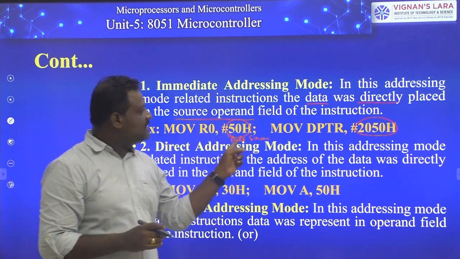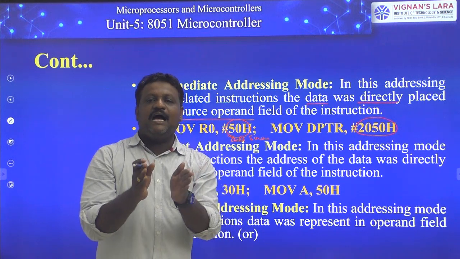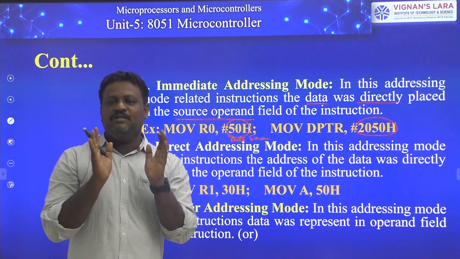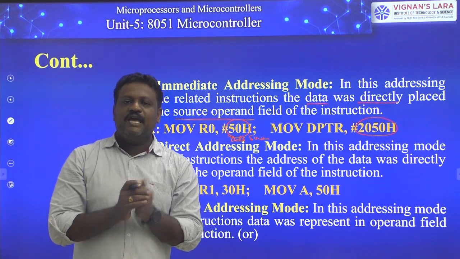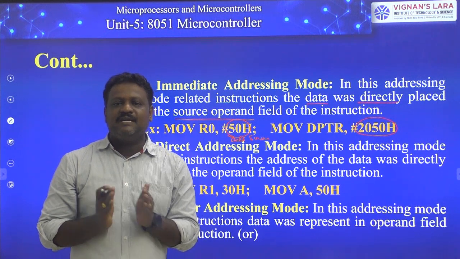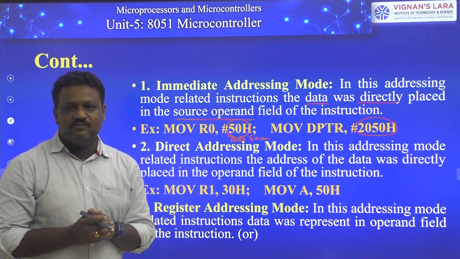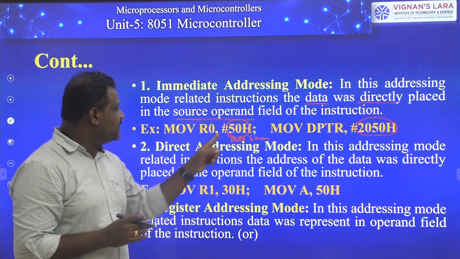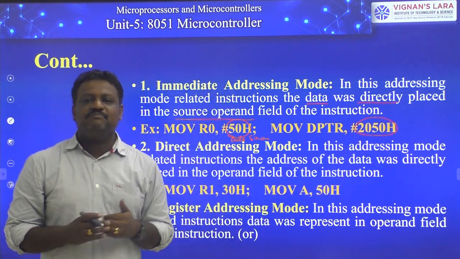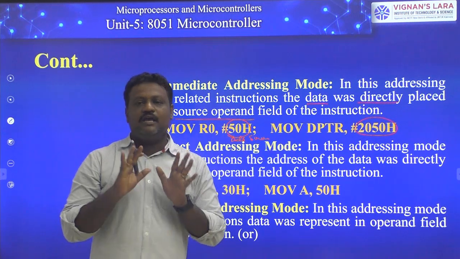If I want a number to be treated as data, I have to prefix it with the hash symbol. You remember friends, in the case of 8051, if a number has a hash prefix, no doubt that number is treated as an immediate value or immediate data. So here 50 has a hash symbol and 2050 has a hash symbol, so these two are immediate data.